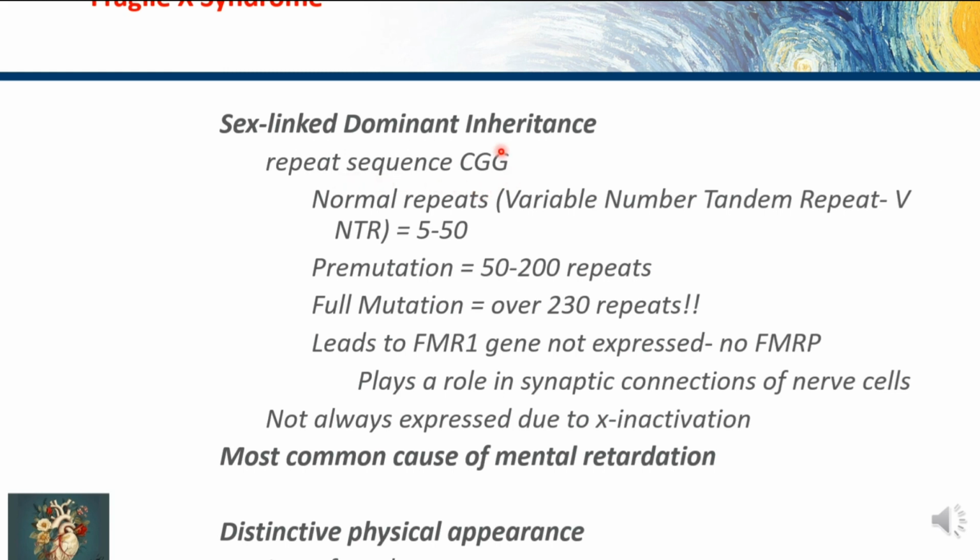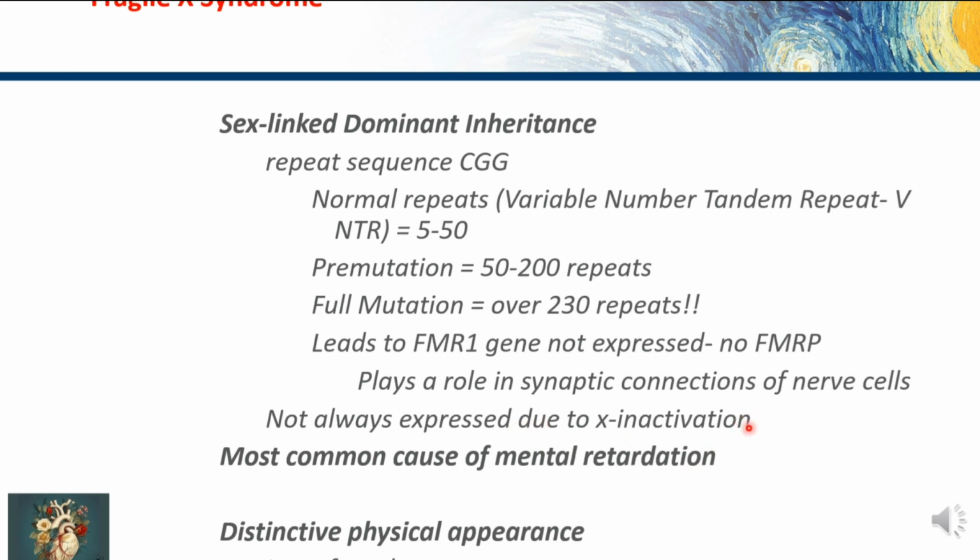Normal repeats occur nearly 5 to 50 times in the terminal region, while in premutation there may be 50 to 200 repeats, and in full mutation over 230 repeats are present. This is the FMR1 gene, whose promoter region is not expressed; it plays a role in synaptic connection of nerve cells, and is not always expressed due to X inactivation.